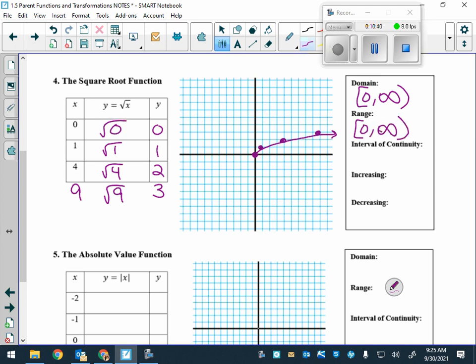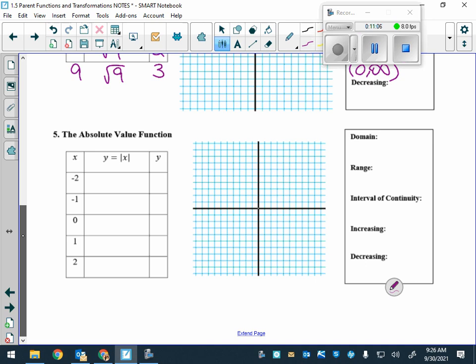Okay, Nick, what is my interval of continuity? Good. And again, it doesn't matter if it's open or closed. We're only using parentheses. Where am I increasing? James. Good. Awesome. Good job.